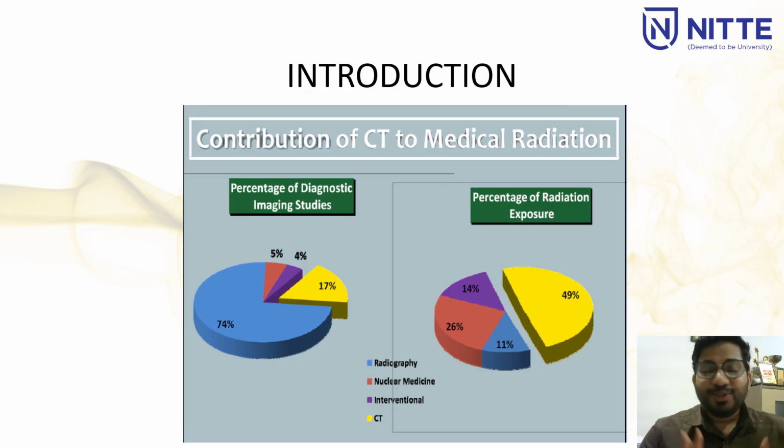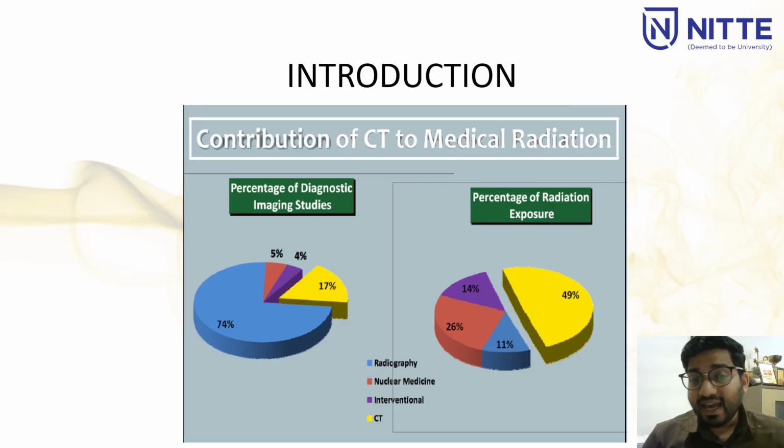You can simply look at these two pie charts, which give you the information about the percentage of diagnostic imaging studies. Around 5% are nuclear medicine investigations and 74% radiography examinations, interventional radiology just 4% and CT is just 17%.